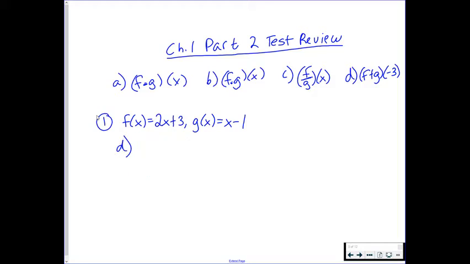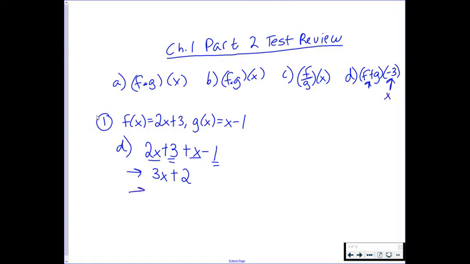On question D, we're going to take our function f and function g and add them together. 2x plus 3 plus x minus 1. 2x plus x is 3x, and 3 minus 1 is positive 2. Now on this one, we've got a little bit of extra work to do because instead of just putting an x there, we have a negative 3.